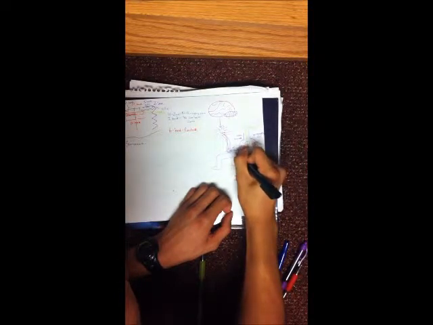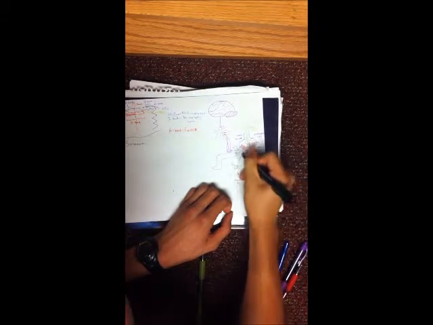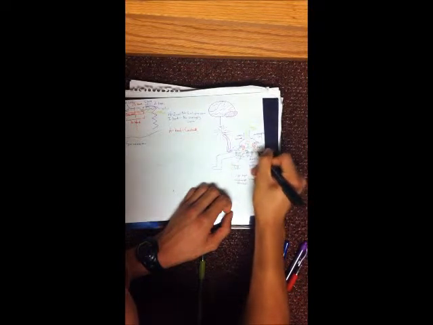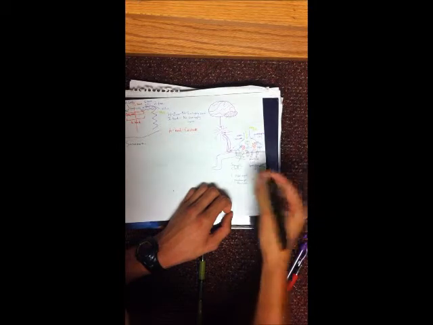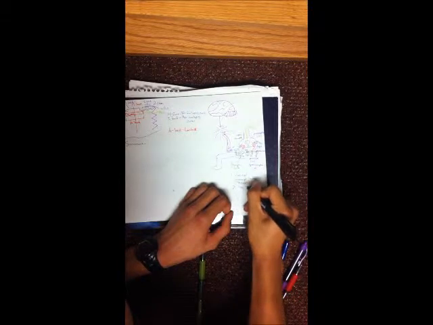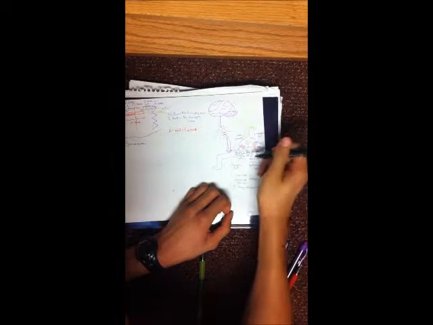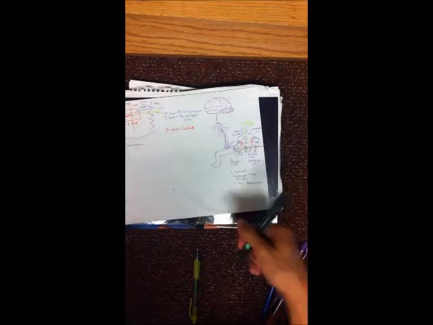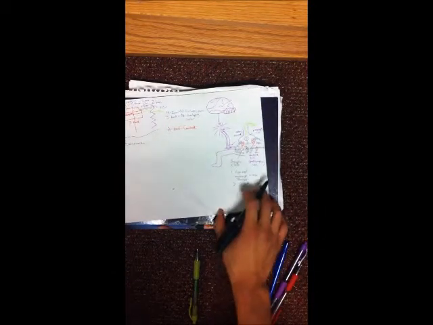Because they're voltage sensitive, once you reach that point, they all open, and instead of a slight depolarization, you have a strong depolarization. With all the sodium channels opening up and all the sodium ions coming in, it causes a strong depolarization, and then next you get an action potential.